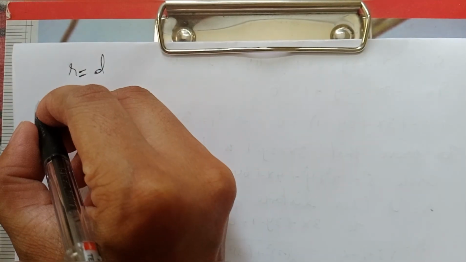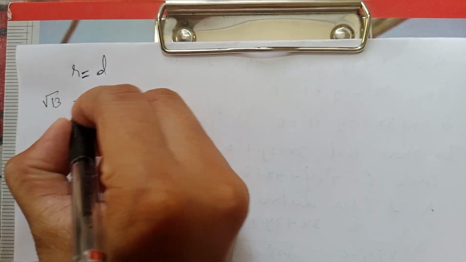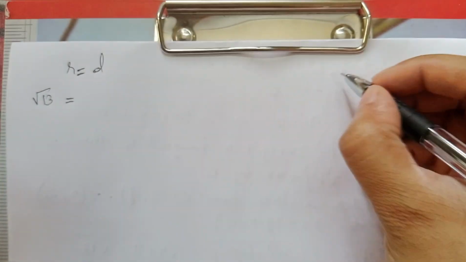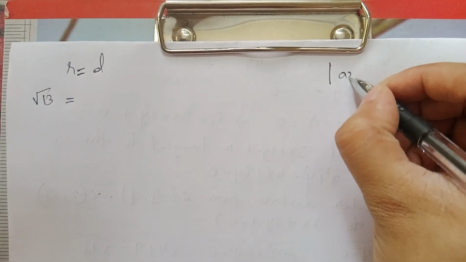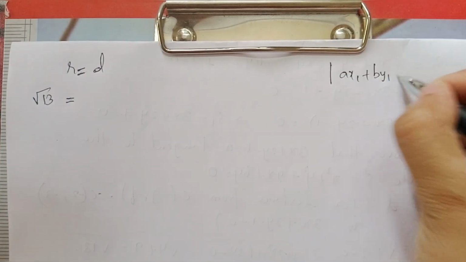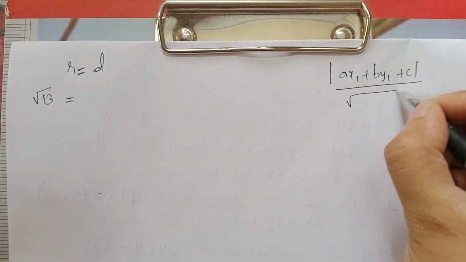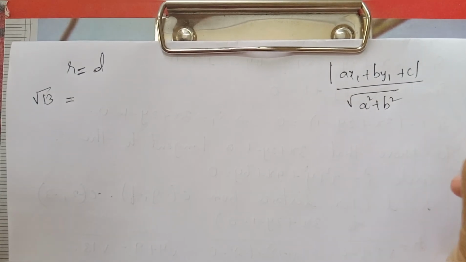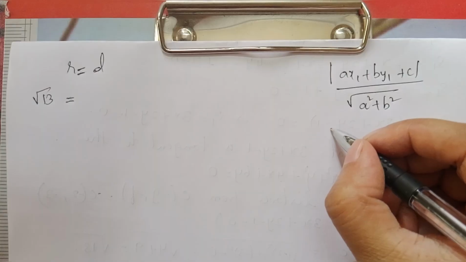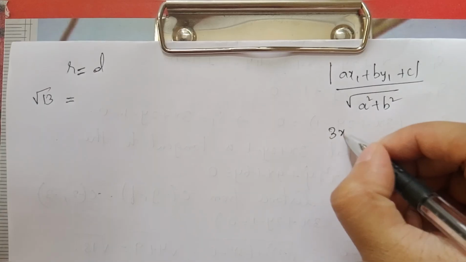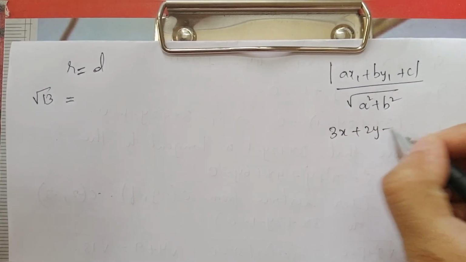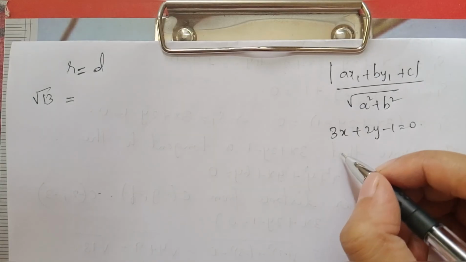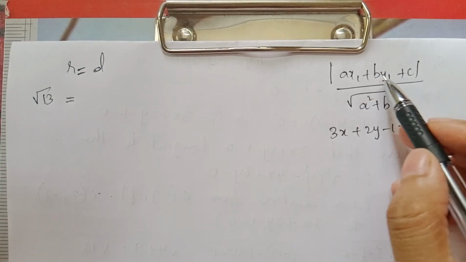The value of r is root 13, and the perpendicular distance formula is |ax1 + by1 + c| by root of a² + b². Here our straight line is 3x + 2y - 1 = 0, so this can be compared with ax + by + c.